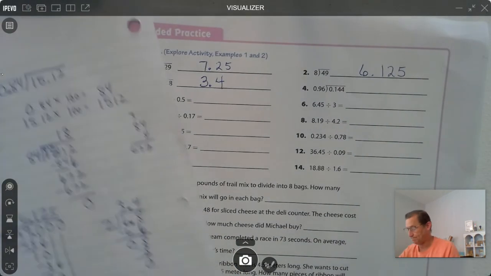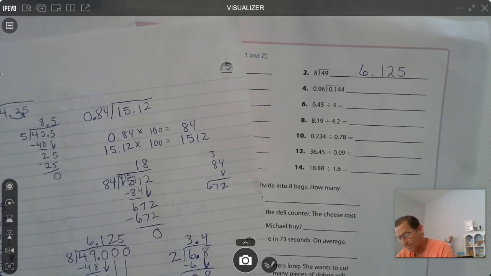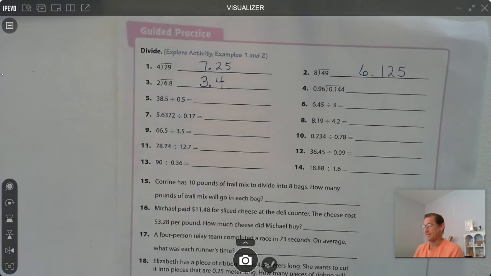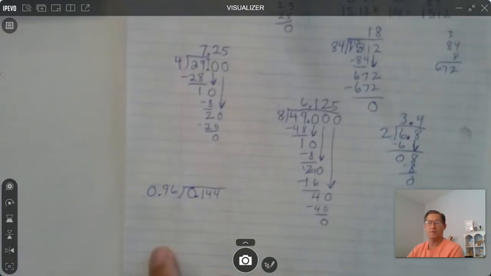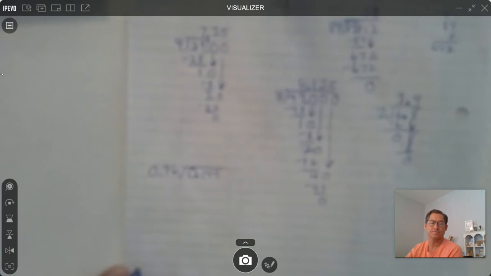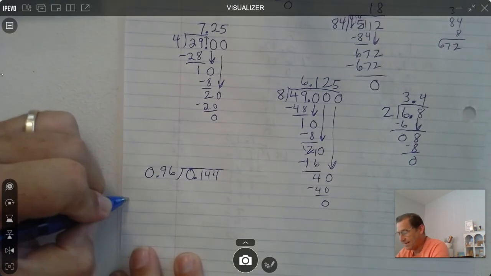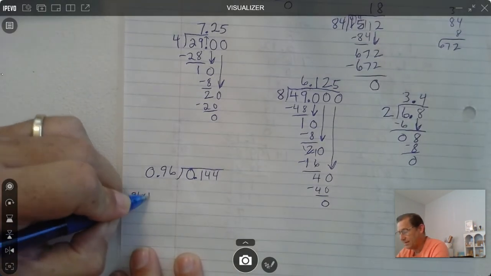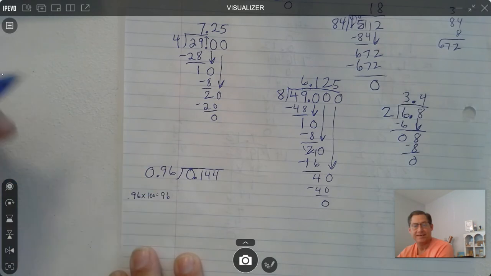Number 4. 144 thousandths divided by 96 hundredths. All right, so if I multiply 96 hundredths by 100, it's going to be 96, right?